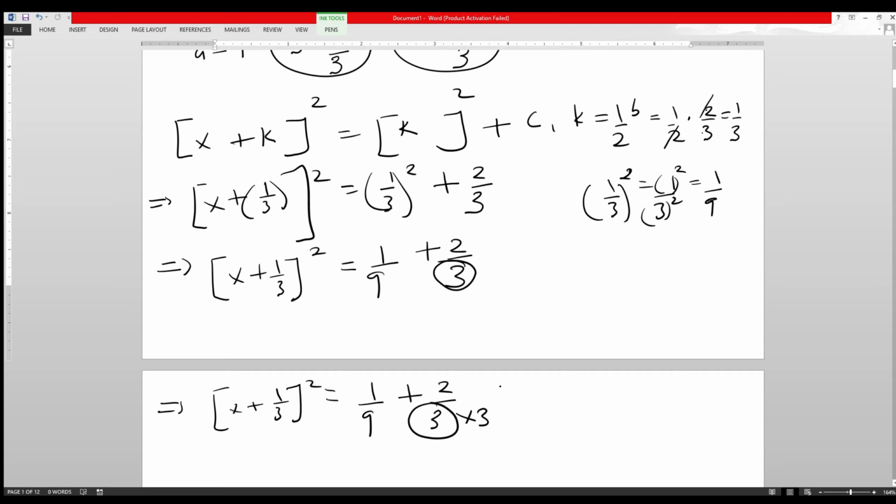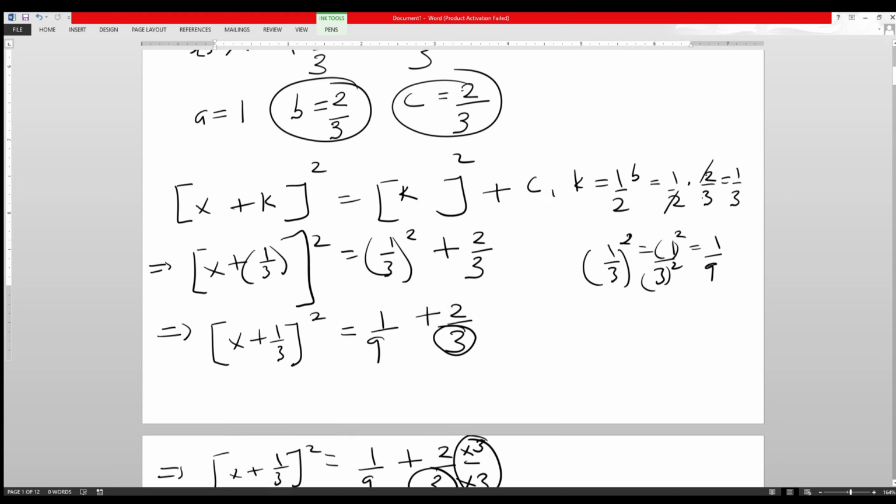And what you do to the denominator, you do likewise to the numerator. So in essence, I have 3 divided by 3, which is 1. So I haven't done anything. I've only modified it such that it has a denominator of 9.